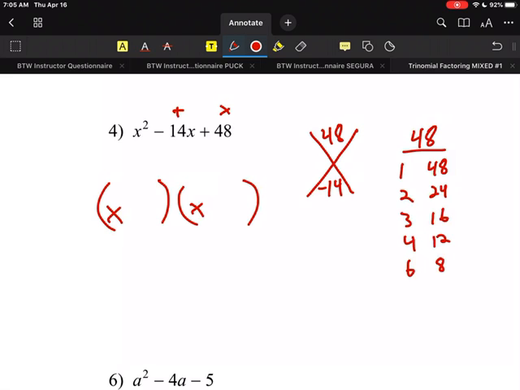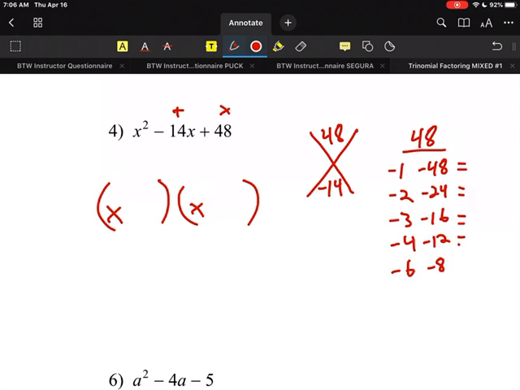So now, what are the possibilities that I could get a positive number when I multiply? So I can multiply two positive numbers, or I can multiply two negative numbers, okay? And that is the case for this problem. So every single number needs to be negative here, because when I add two negatives together, it stays negative, and that's what that negative 14 is right there.